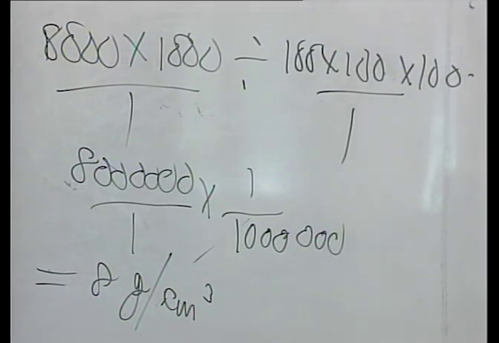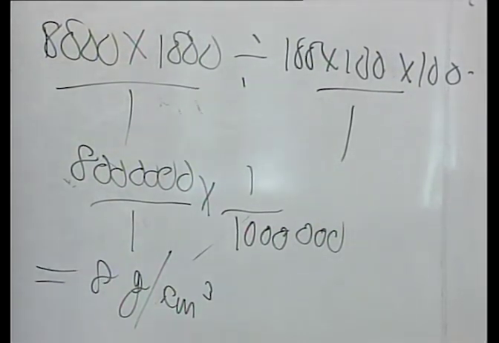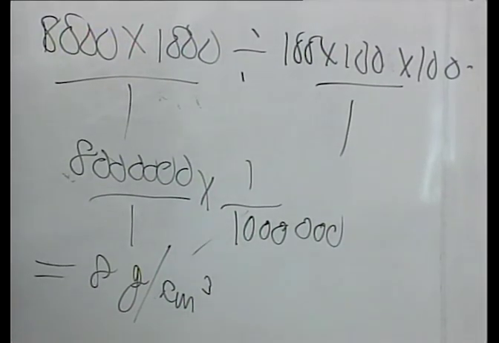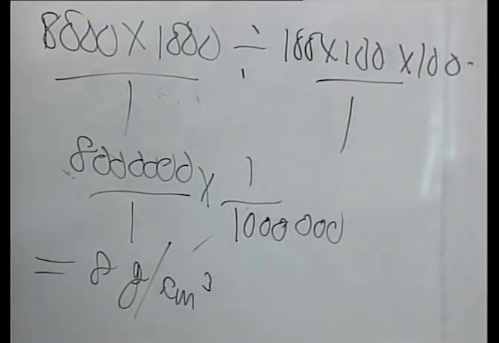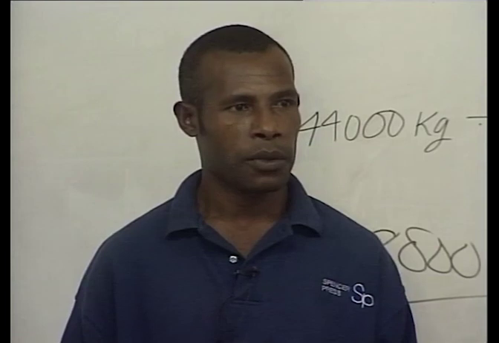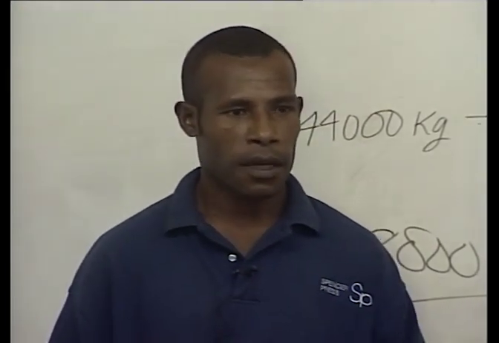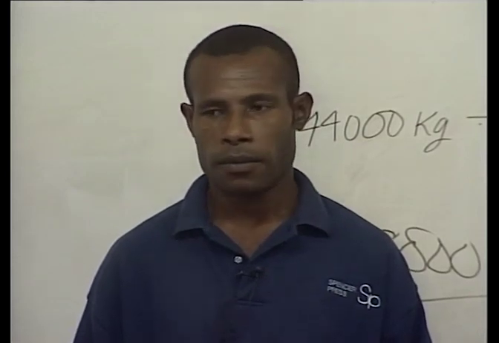Right, so those are the answers to our activity questions. You have just seen how we can go about calculating the density of an object. Density is simply the measure of the amount of matter in a given space, or the mass per unit volume.